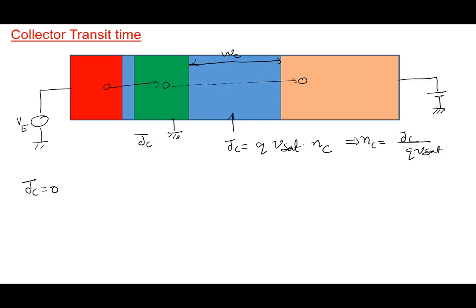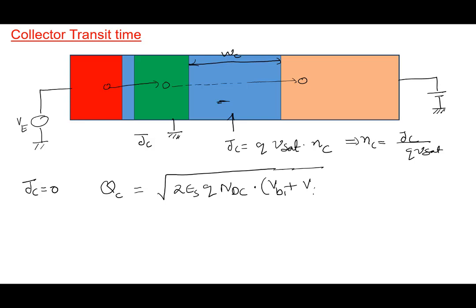So Jc initially, let's say, is 0, and therefore the charge in the depletion region, I can write QC is square root of 2 ES Q NDC multiplied by VBI plus, in this scenario, VC.